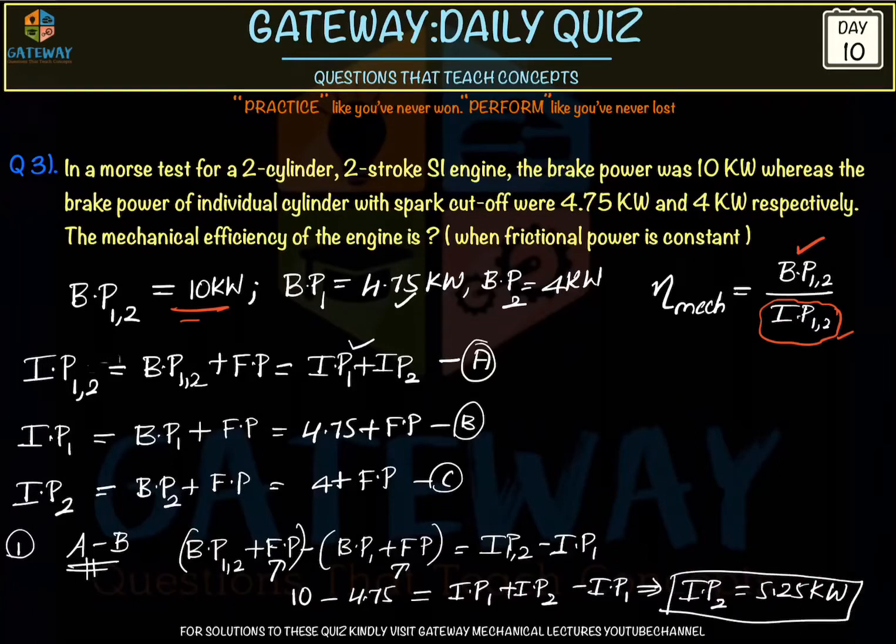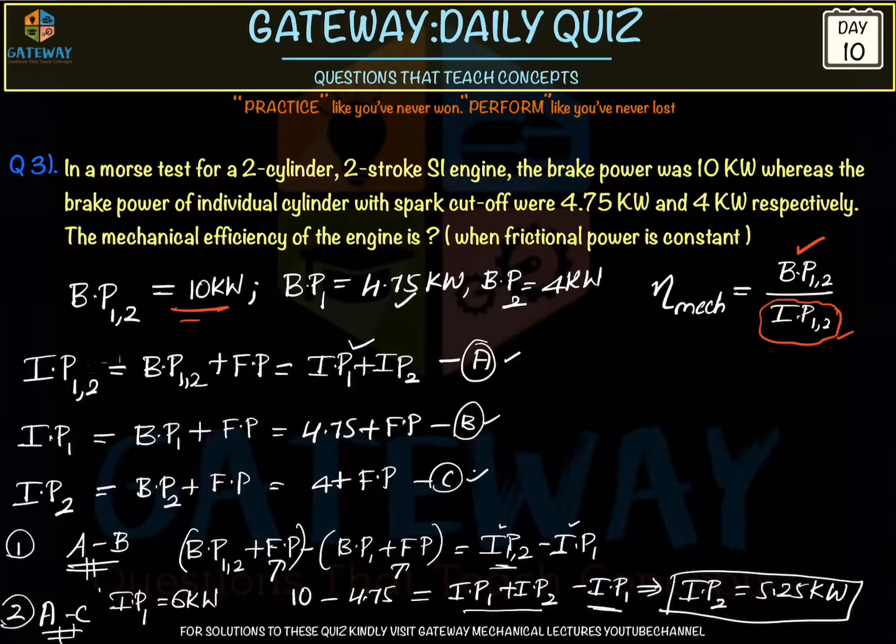In the same way we'll also calculate A minus C, equation A minus equation C. Again there we'll get IP of 1 comma 2 minus IP2, and IP of 1 comma 2 is nothing but IP1 plus IP2, minus IP2.